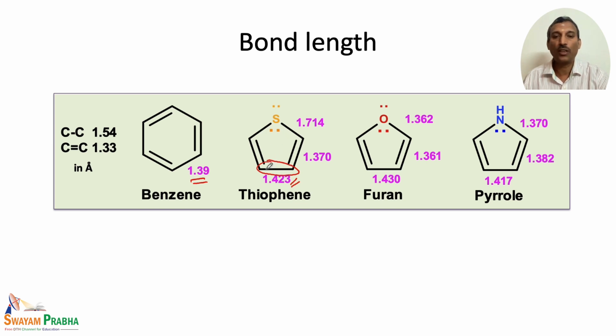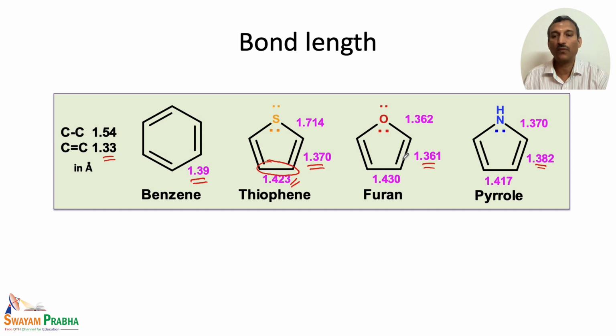So partially this bond also behaves like a double bond, and similarly this double bond is having a little longer bond length. The actual CC isolated double bond length is only 1.33, but thiophene, furan and pyrrole have a much higher CC double bond length. This is due to the partial single bond nature of this particular bond.